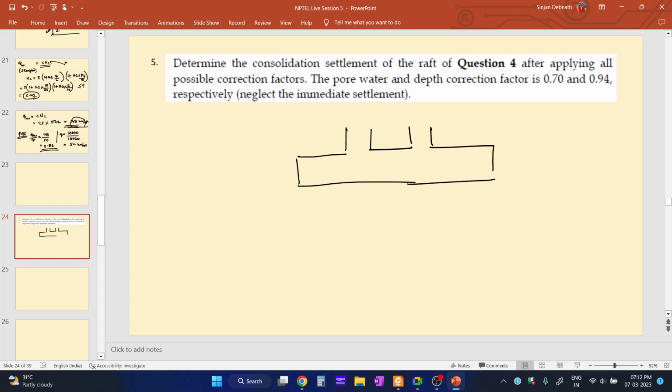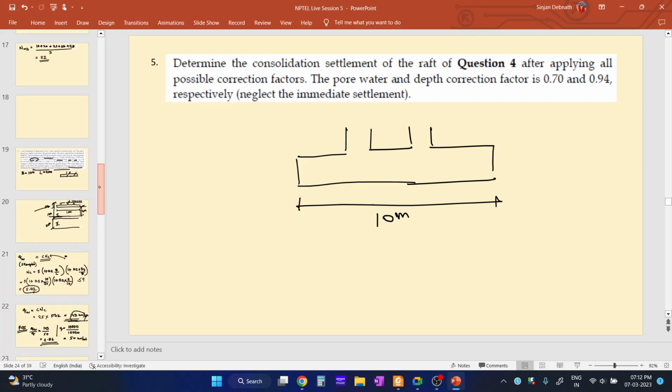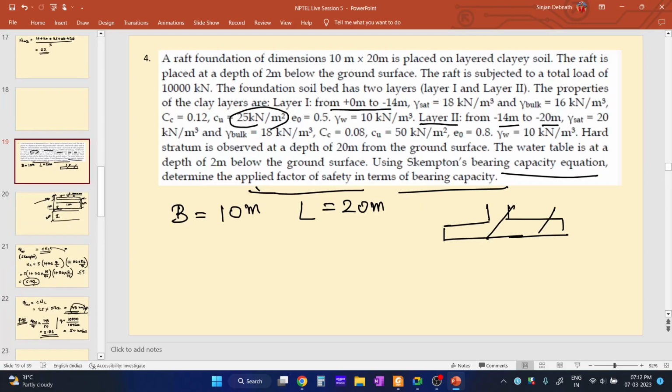Suppose this is the raft, and the width of the raft is 10 meter. The raft is placed at a depth of 2 meter below the ground surface.